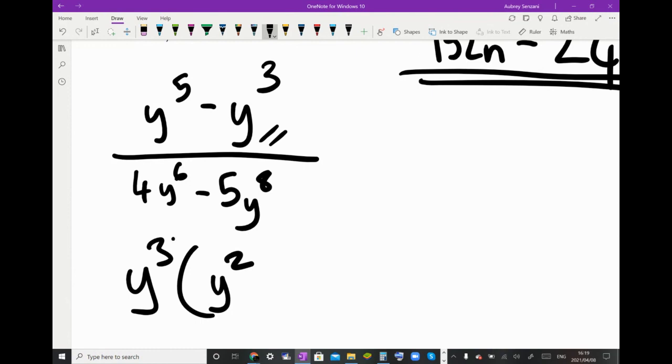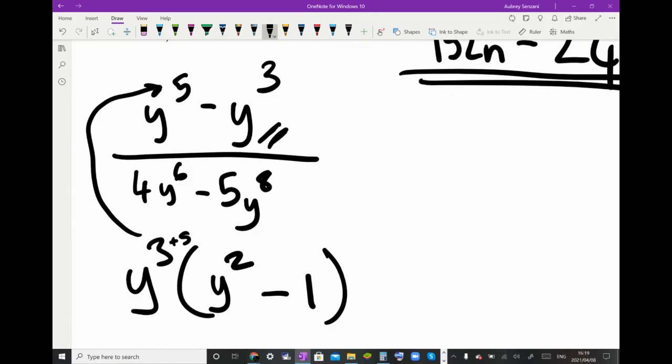Because 3 plus 2 will then give you this 5, okay? Then here it's going to be a negative. Then what we're going to say there it's going to be -1, okay? Because a -1 times y to the power 3 will then give us this.